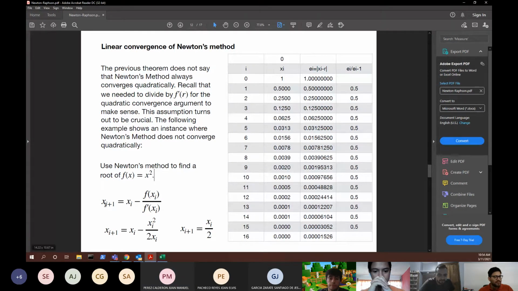So x_{i+1} equal to x_i, which is the Newton's formula, minus x_i squared divided by 2x_i. All right. So we can cancel out these terms, right? We cancel out 1 degree of the numerator, and then in general, x_{i+1} is going to be equal to x_i divided by 2. Why? Because I have x_i minus x_i divided by 2, which is a positive x_i divided by 2.